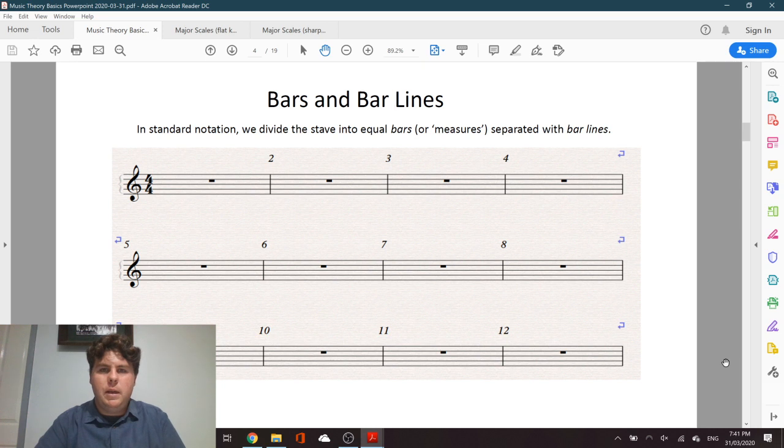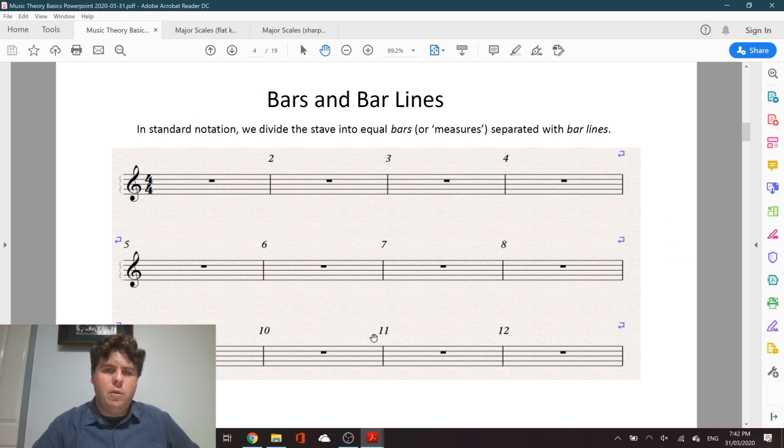Okay, bars and bar lines. In standard notation, which is what we use, we divide the stave into equal bars or measures separated with bar lines. So that's 1 bar, that's another, that's a 3rd one, that's a 4th one. There's often little numbers along, so you know where you're up to. The bars are equal in length unless we have a special meter change, which we'll talk about later on.